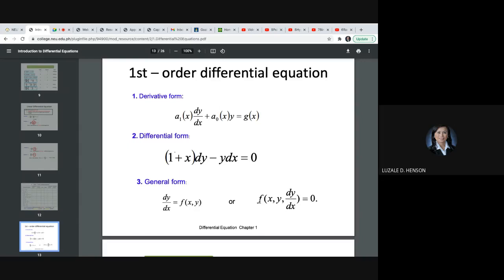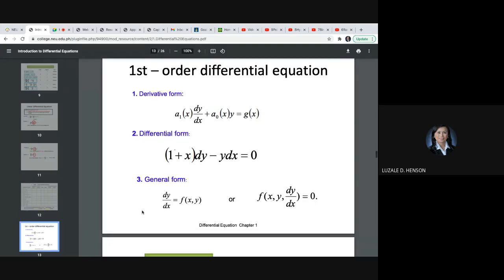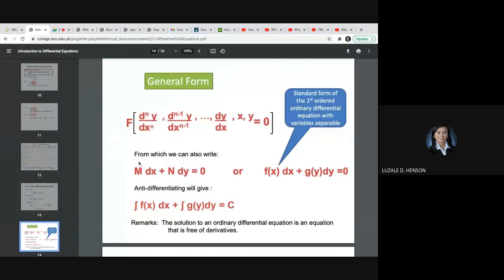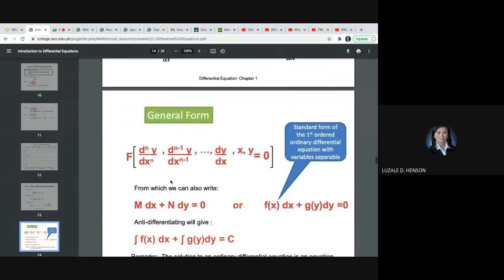Or you could also write it as a function of x, y, and the derivative of y with respect to x. This is general form. So general form, again, we can have this expression. This is differential or derivative? This one is differential or derivative?